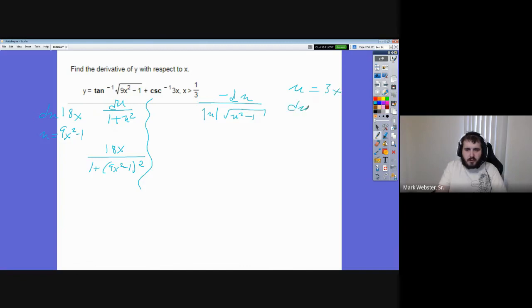Our du is 3. So we've got negative 3 over absolute value of 3x times the square root of 3x squared, 9 times x squared minus 1. There's our two pieces. Now let's just make our final answer.